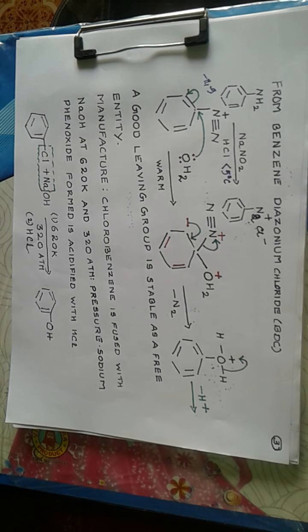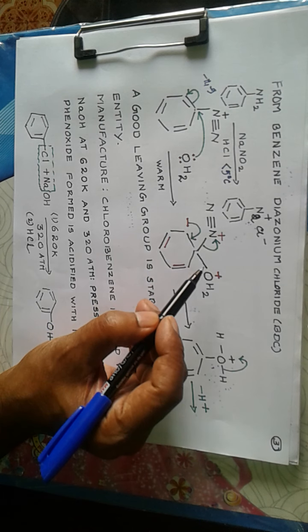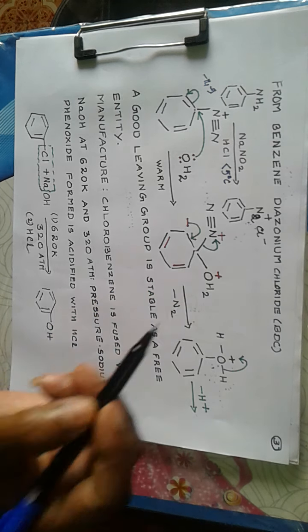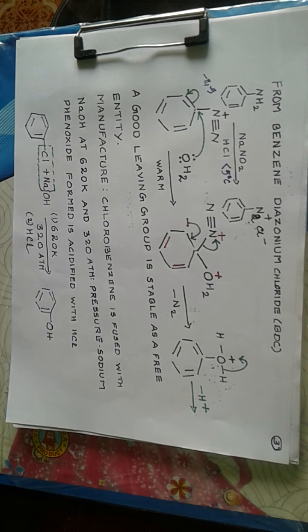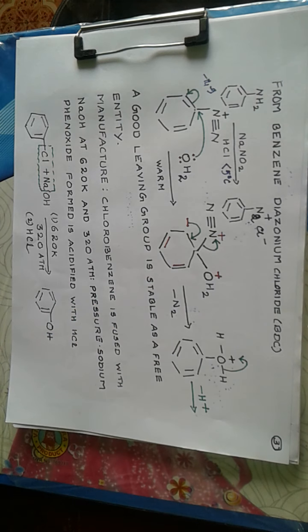Now a CN bond is weaker than a CO bond. As the electronegativity of the atom increases, the partial ionic character of covalent bonds increases, and higher the partial ionic character, higher is the strength of a covalent bond.